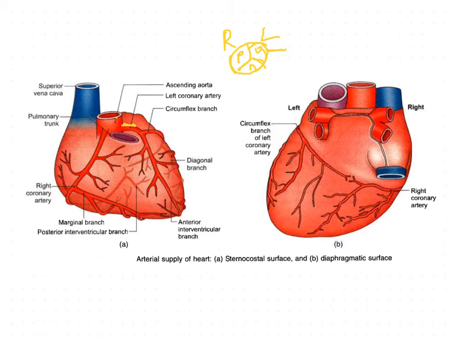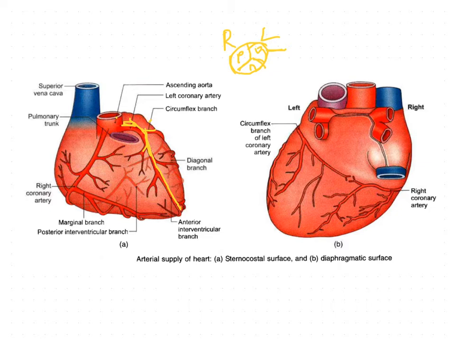Now we will see the course of this left coronary artery. This artery first runs forward and towards the left and emerges between the pulmonary trunk and the left auricle. Here it gives an anterior branch called the anterior interventricular branch, which runs downwards in the anterior interventricular groove.